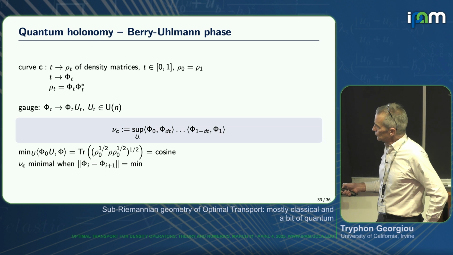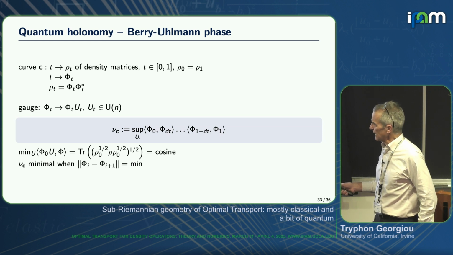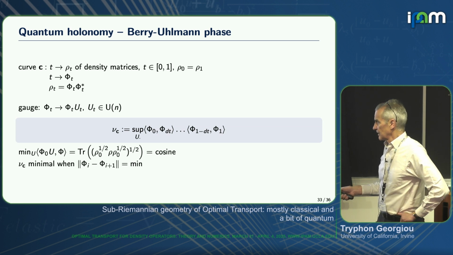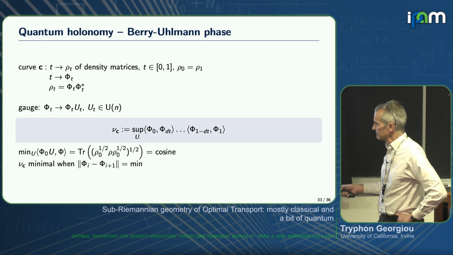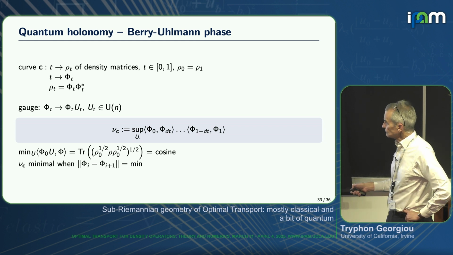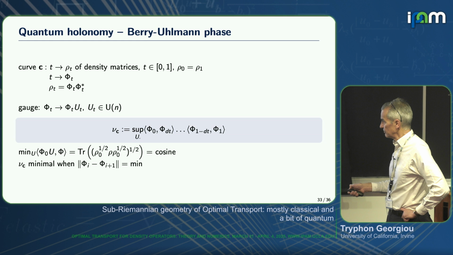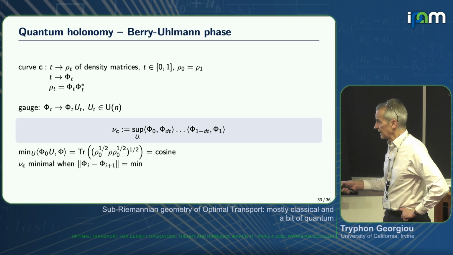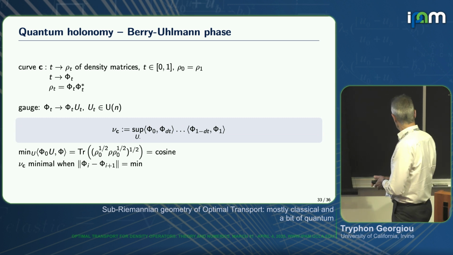And again, you look at factorizations of the density matrix, and recognize that, just as we did before, this is a gauge invariant. And then they define this quantity, which is the holonomy, and is the supremum over the U's that you can stitch together of factors of the underlying curve. So you start from an underlying curve.